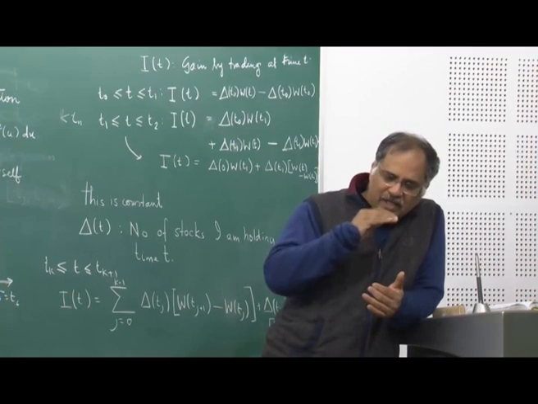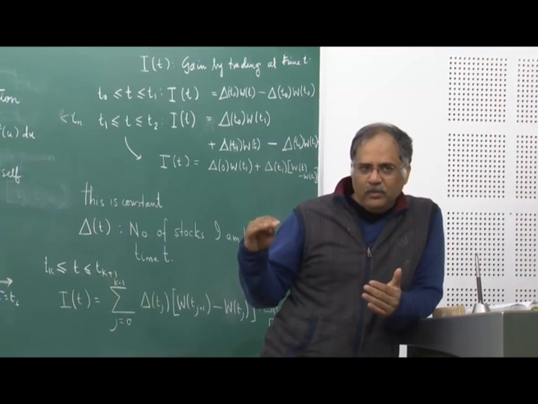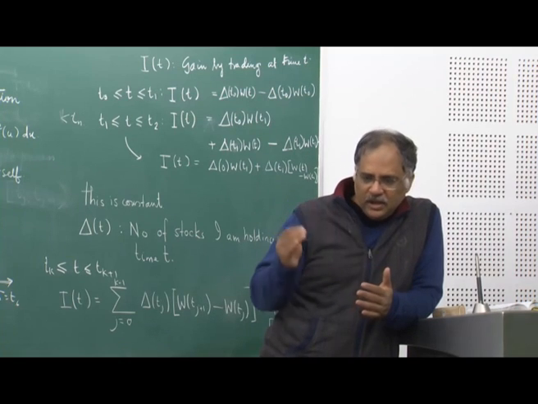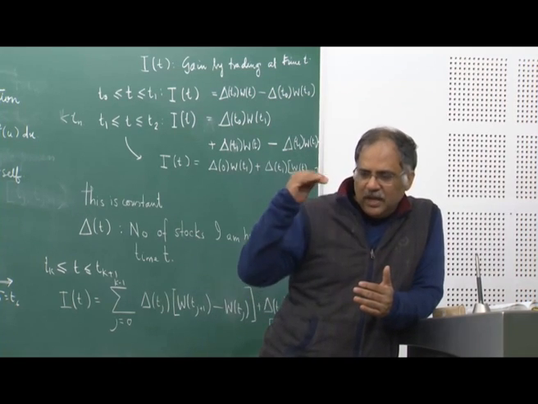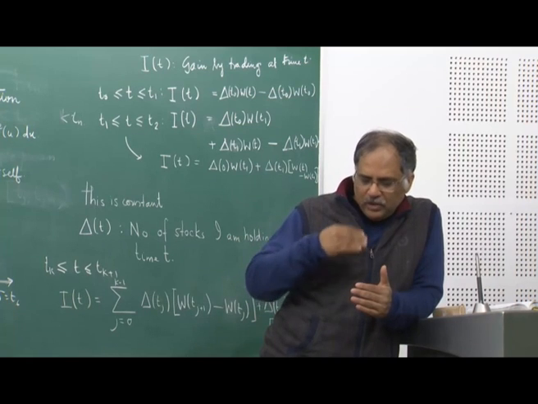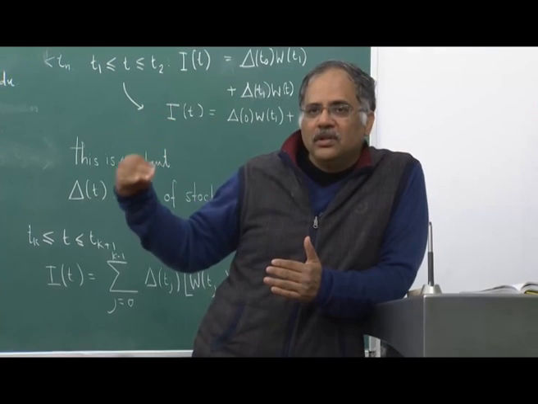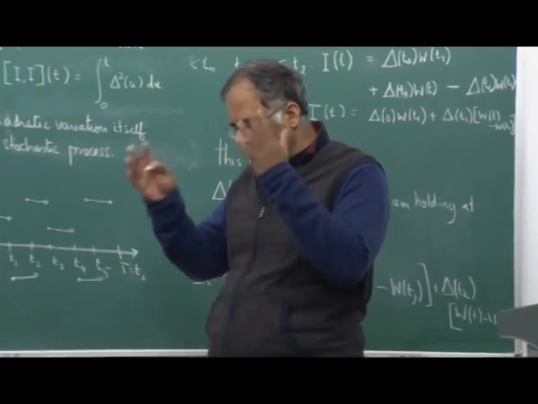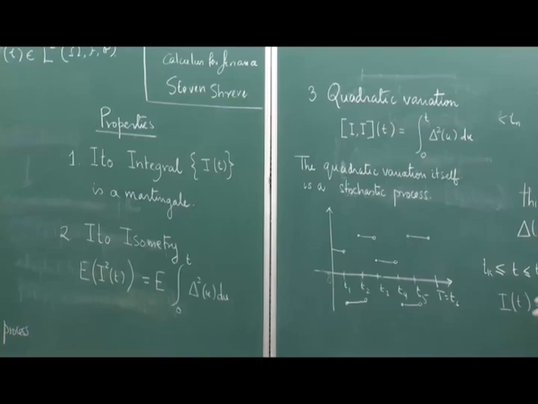We approximate the given function delta t by a family of simple processes, simple functions, and then you take the integral over those simple functions and then take the limit.